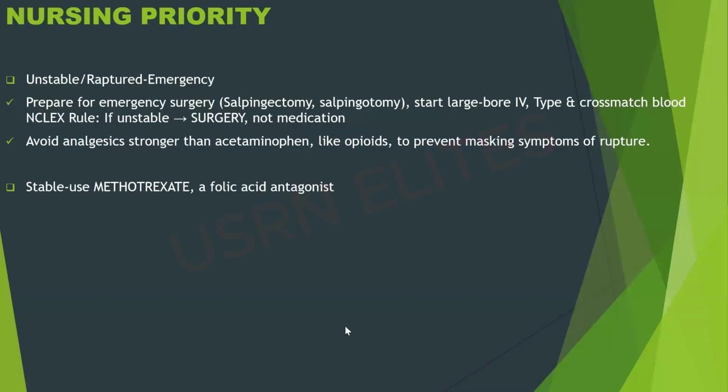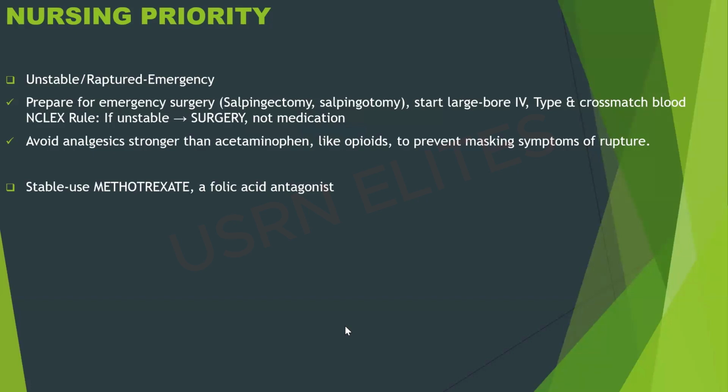We have to prevent growing. When there's no rupture, please take note. When there's rupture, there's no way we are going to prevent growing. We have to do emergency surgery. But once the fetus is there, we have to prevent growing in order not to reach the rupture stage.